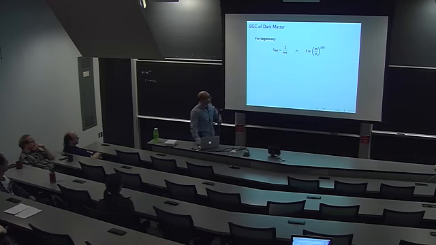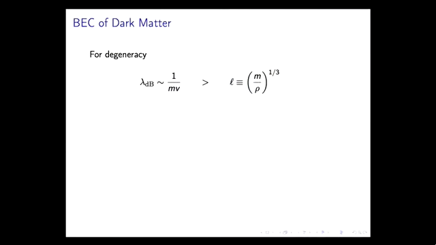This argument of course assumes that the interaction between particles is small. So this translates as an upper bound on the mass in terms of density and the characteristic velocity of particles.